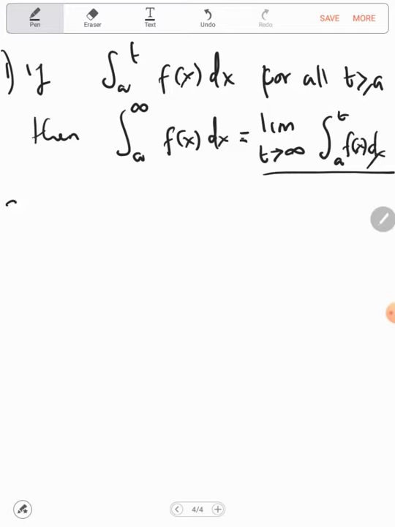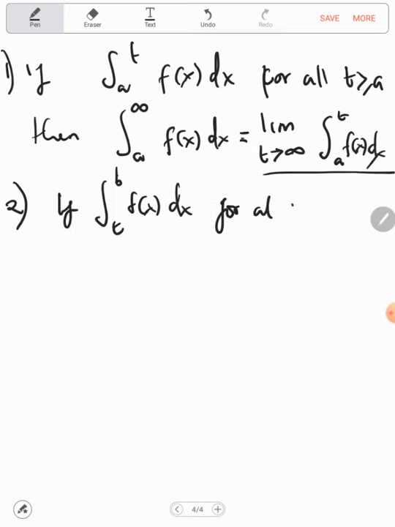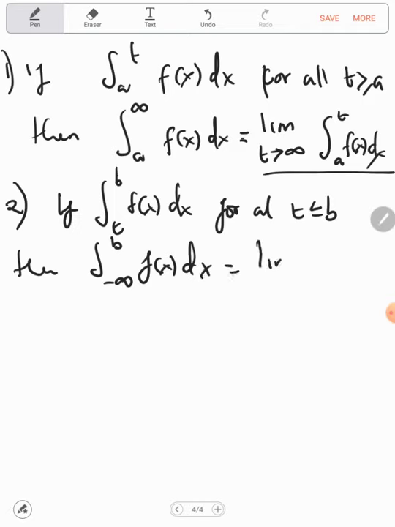Now similarly, if we have an integral from t to b of f of x dx for all t less than or equal to b, then the integral from minus infinity to b of f of x dx is just equal to, so wherever there is minus infinity, again we introduce the limit.